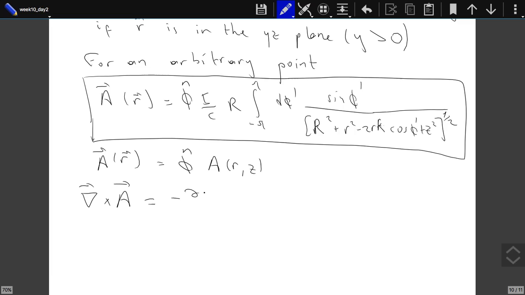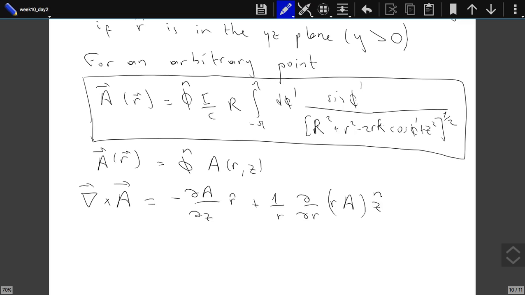Minus derivative of A with respect to z in the r hat direction, and plus 1 over r derivative with respect to r of r times A in the z hat direction.